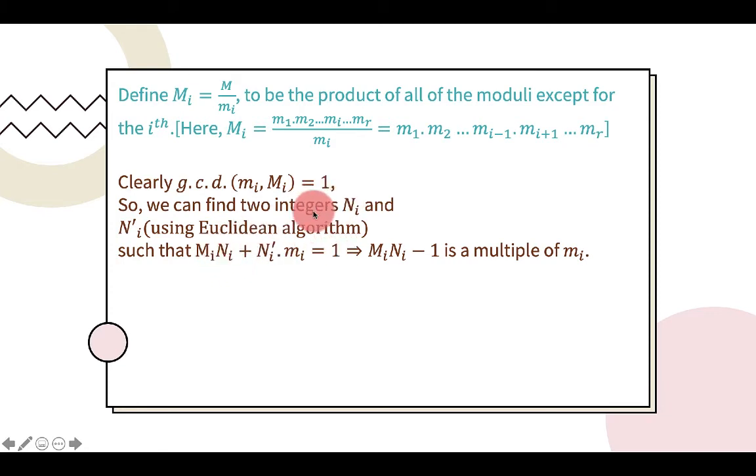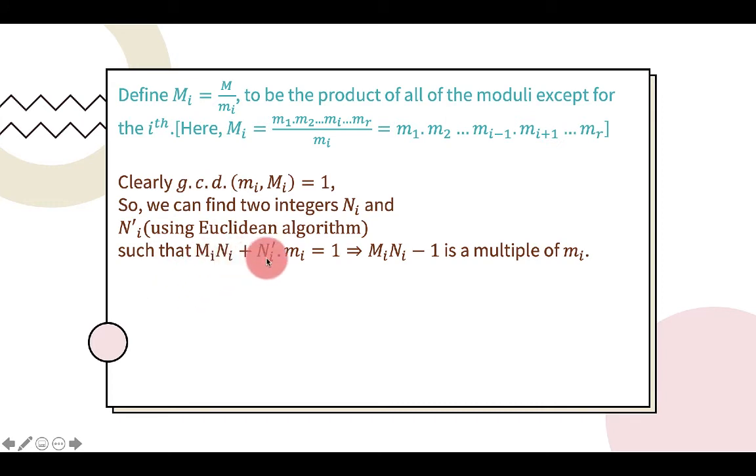Here capital Ni and capital N dash i are the coefficients of these two numbers, small mi and capital Mi. The existence of these two integers is already proved using the Euclidean algorithm.